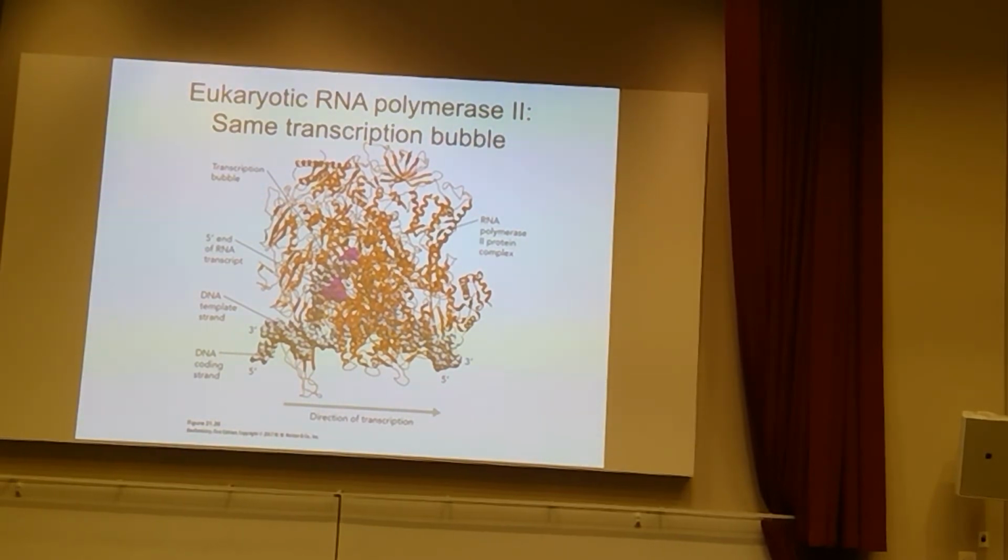Double helical DNA comes in, it's dissociated, creating that transcriptional bubble, and then the DNA template strand reassociates with the coding strand, and the double helical DNA comes out of the exit tunnel. You can see right here that there's a small element within that transcriptional bubble where we've created a duplex between the incoming RNA nucleotides forming the RNA product, just a little region right here where we have that RNA-DNA duplex right in the middle of that polymerase.